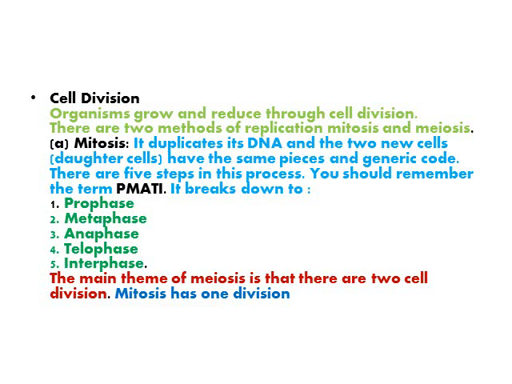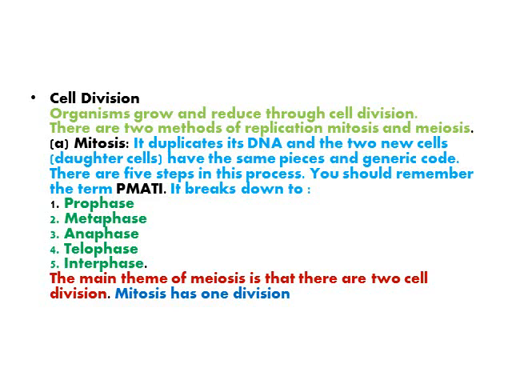There are 5 steps in this process. It breaks down into prophase, metaphase, anaphase, telophase, and interphase. The main theme of meiosis is that there are 2 cell divisions, whereas mitosis has 1 division.